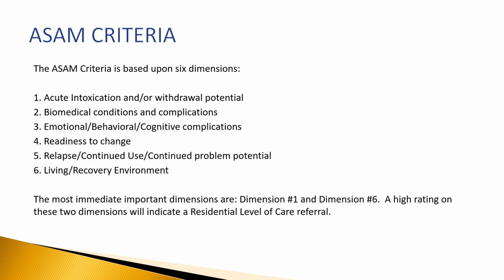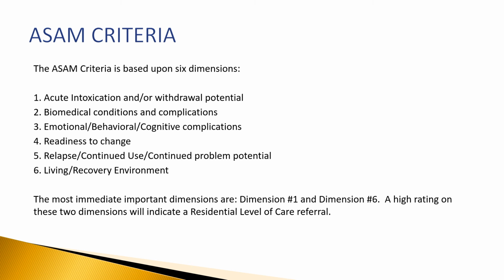Emotional, behavioral, and cognitive complications, co-occurring disorders, go in dimension 3. Readiness to change, or the client's motivation, is in dimension 4. Relapse, continued use, or continued problem potential is in dimension 5.